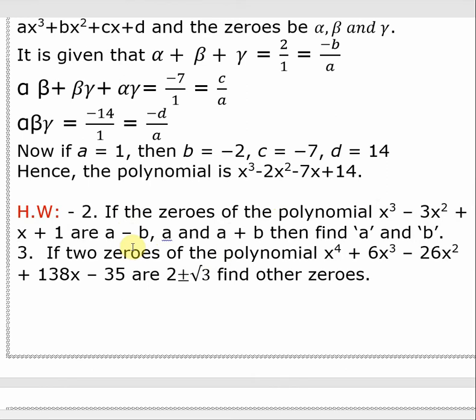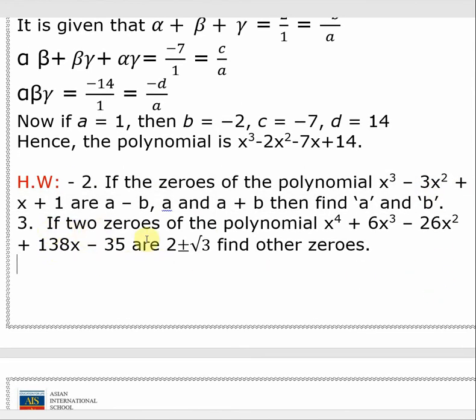Then alpha into beta into gamma is minus d by a. So d you know is 1 and a is 1, so d by a will also give you a relation between a and b. And alpha beta plus beta gamma plus alpha gamma will give you one more relation, c by a. You need any two equations, solve those, and you get the values of a and b. This sum is not so difficult, you can do it.